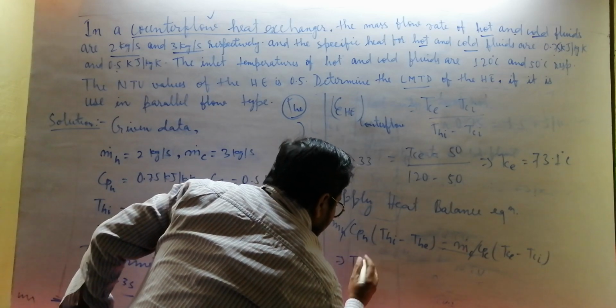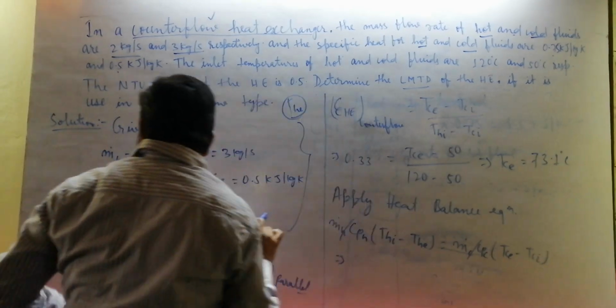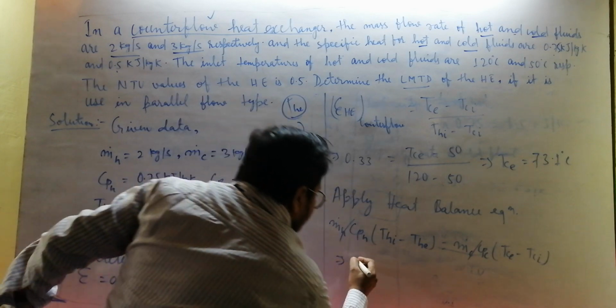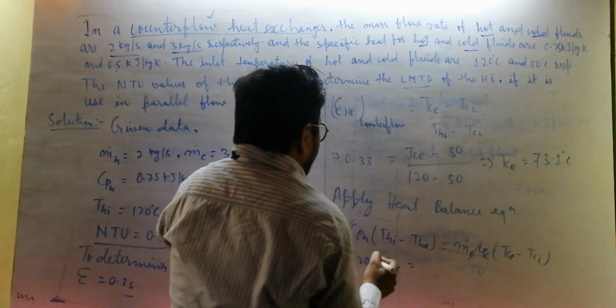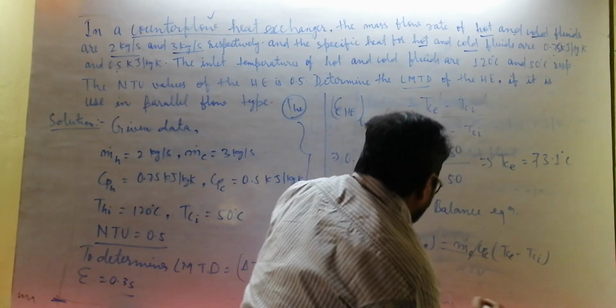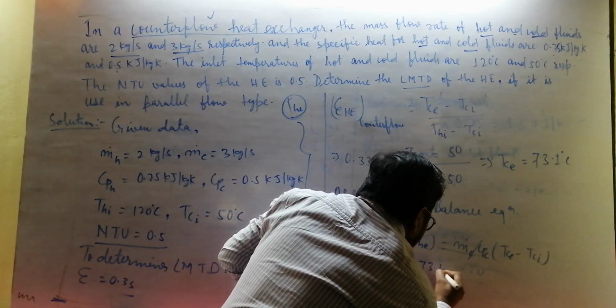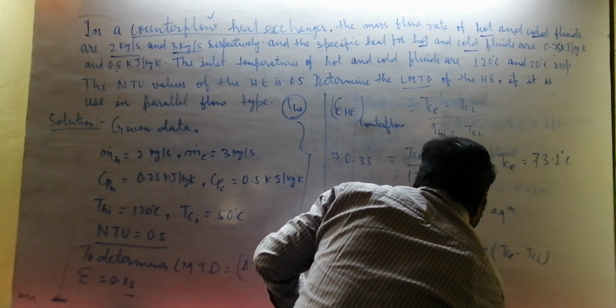Now Thi value I have, 120 minus The equal to Tce calculated, that is 73.1, minus Tci 50.